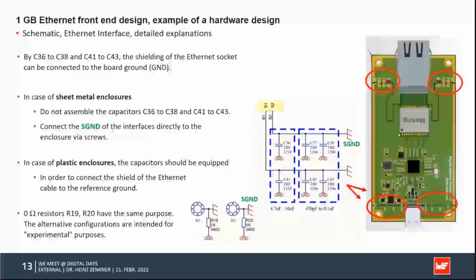And as we have supposed before already, in case of a metal enclosure, you should not assemble these capacitors, having a direct connection of that Ethernet and USB port C connector directly to the housing, and separate the digital ground. You can connect the digital ground directly to the housing, but not on the PCB here.